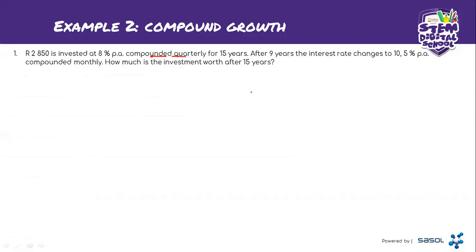Now you can see from our scenario, we are now having 2 interest rates. We have to calculate using 2 interest rates. But the question is, how are we going to calculate that when we are having 2 interest rates? Even the compounding periods differ. We have quarterly, we have monthly as well.